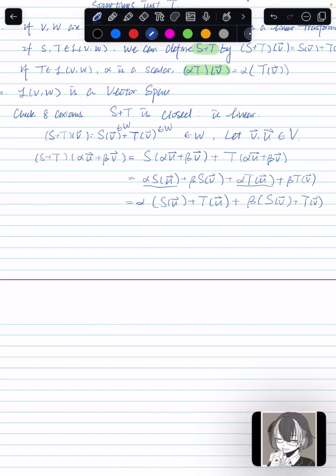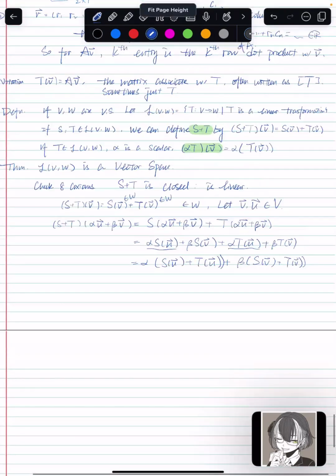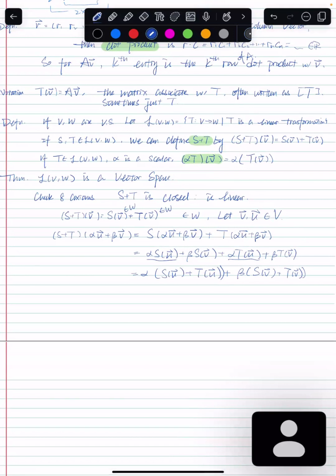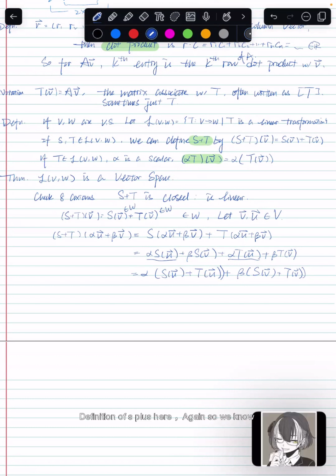Okay, now we can use the definition of S plus T again.